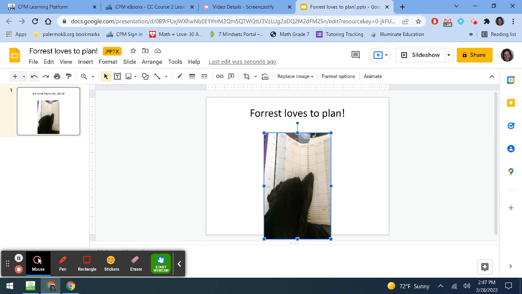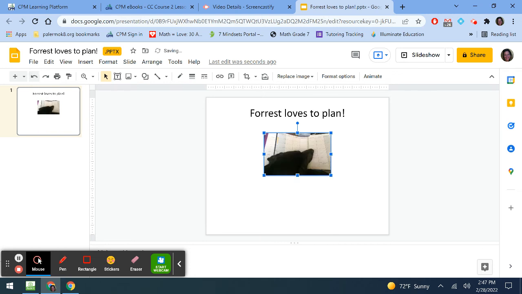And again, now it kind of looks like, I don't know, a schnauzer maybe? I'm not really sure what's going on with him right here. So the question is, what can I actually do to make Forrest's picture larger so that he doesn't become distorted or look weird?